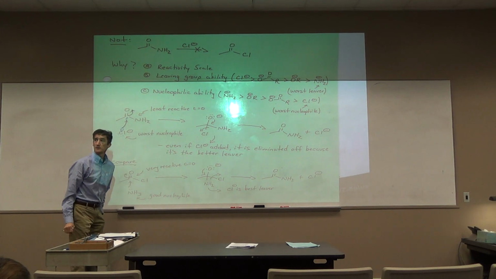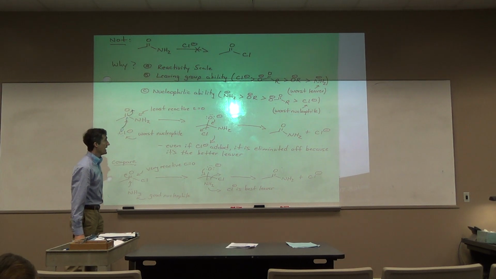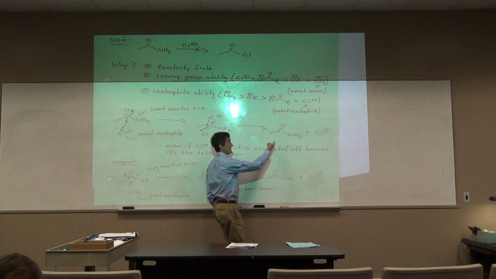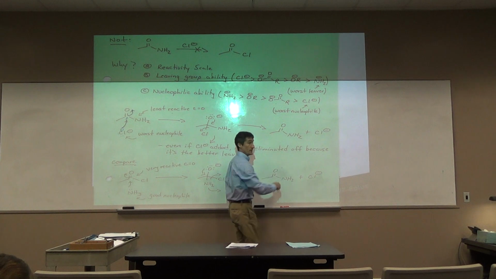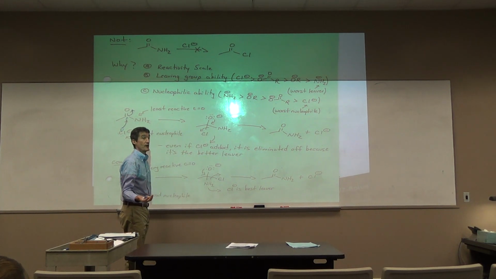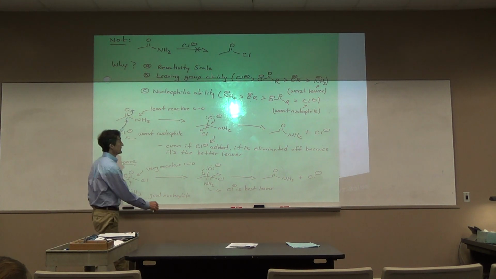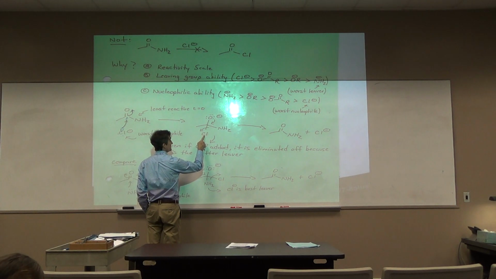What's a better leaving group? Cl, the halogen. And you end up with the same thing you started with: no reaction, no new product. So in terms of leaving group ability, the Cl is a better leaving group.